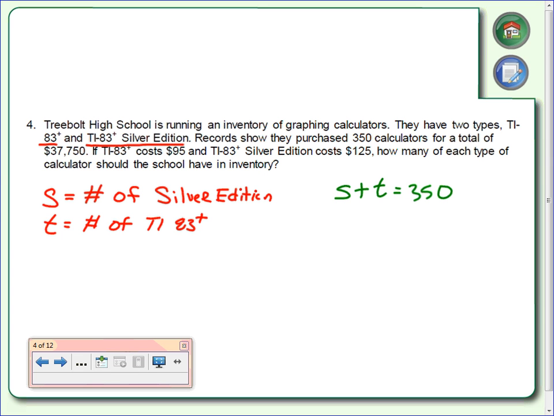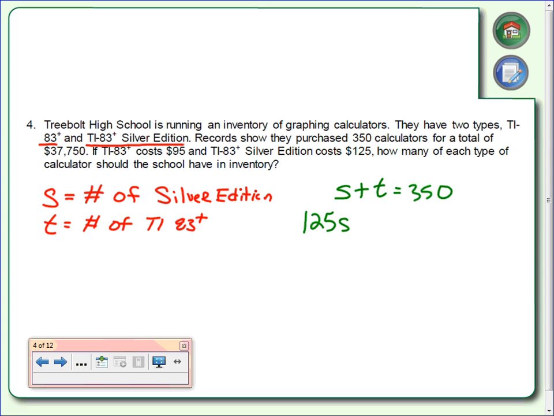There's the first one. Now we need a second equation, and that second equation is going to have to deal with the cost. The Silver Edition. Read through there. See if you can decide how much those Silver Edition calculators are. $125. So every Silver Edition calculator is $125.